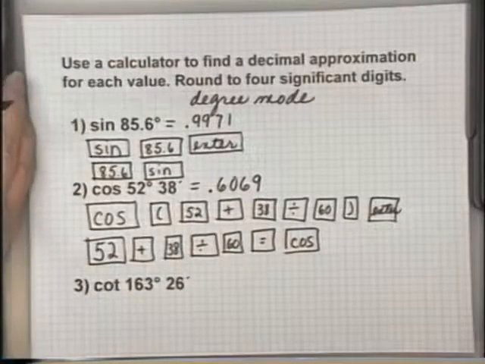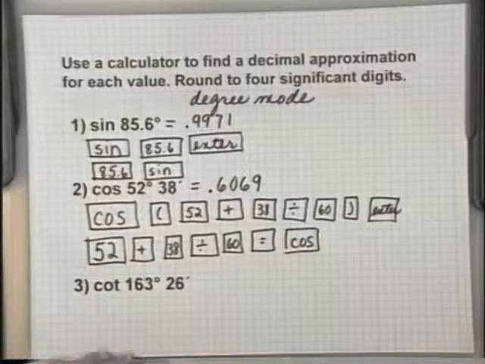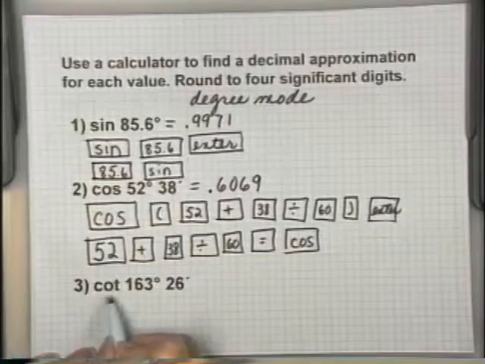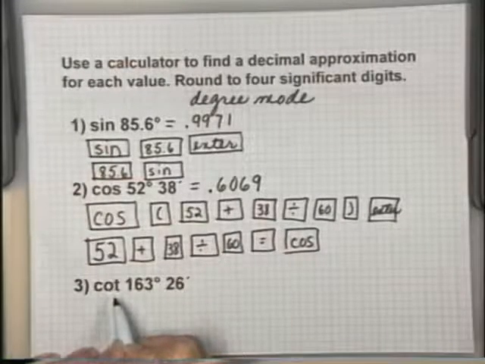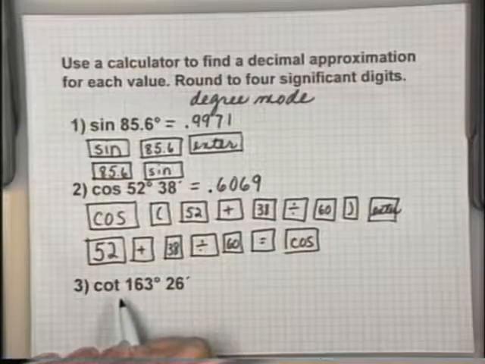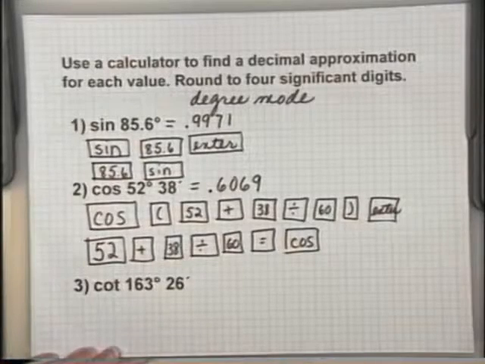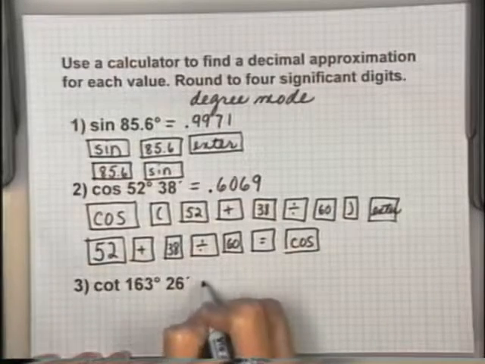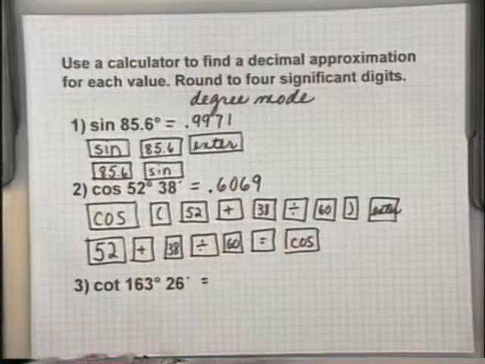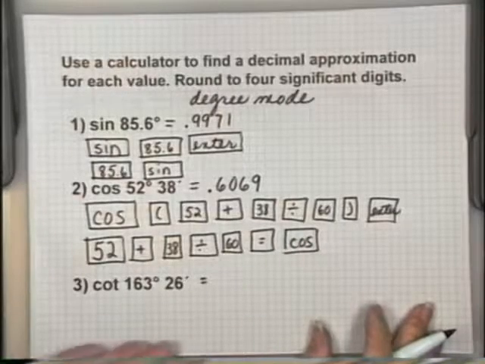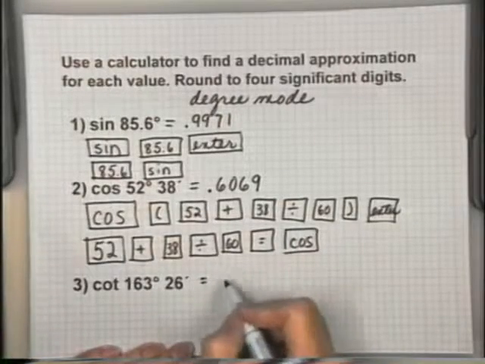Alright, let's move to this third problem. What's special about this third problem is it's one of the reciprocal functions, and most of these calculators don't have reciprocal buttons. So we have to know a little trig here, and the little trig that we need to know is that the cotangent is the reciprocal of the tangent.